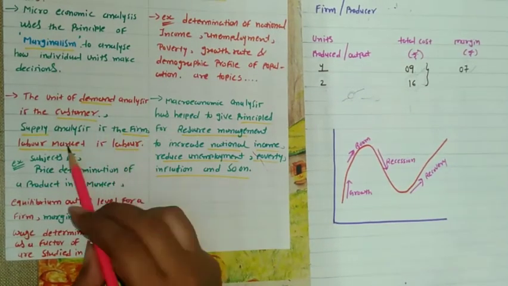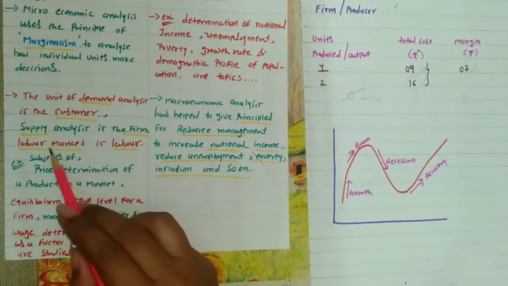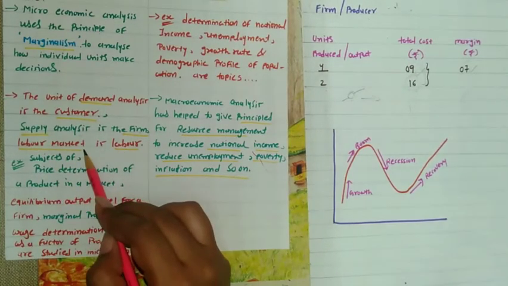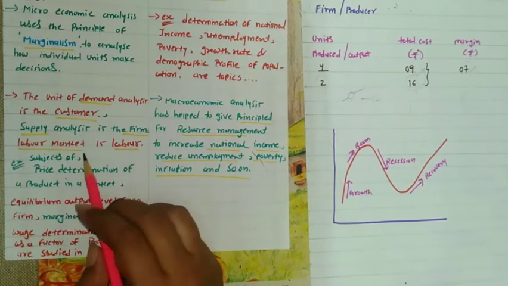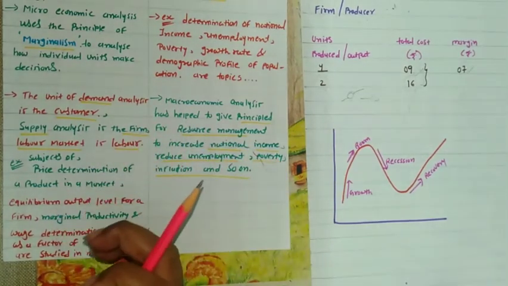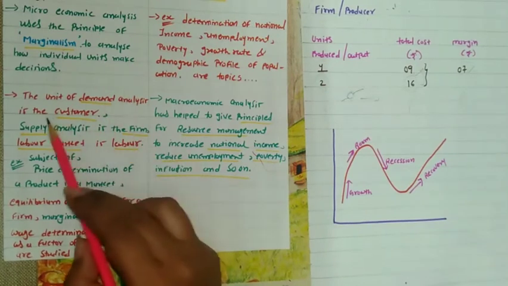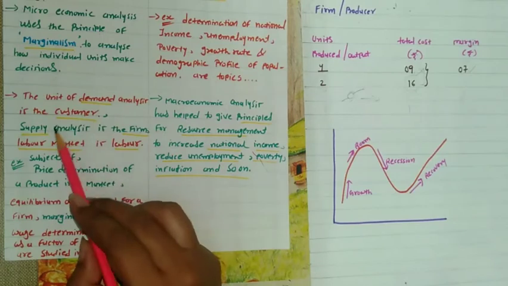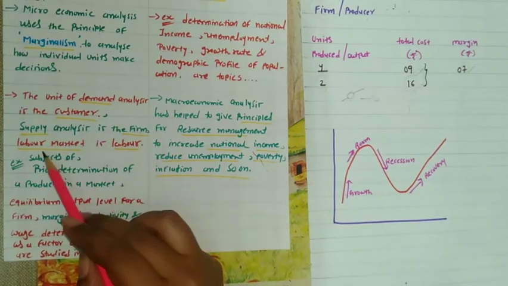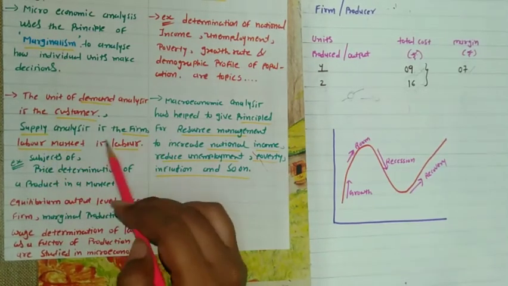So demand analysis is the customer, supply analysis is the firm, and the labor market is labor.